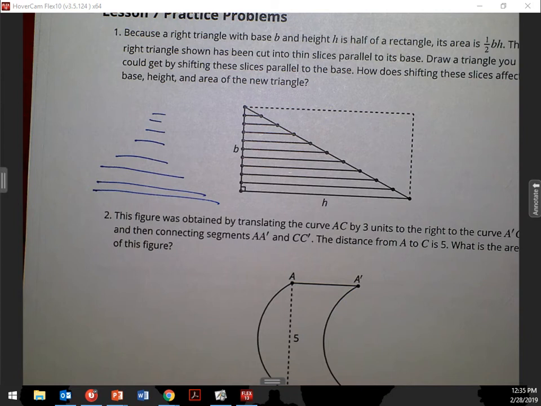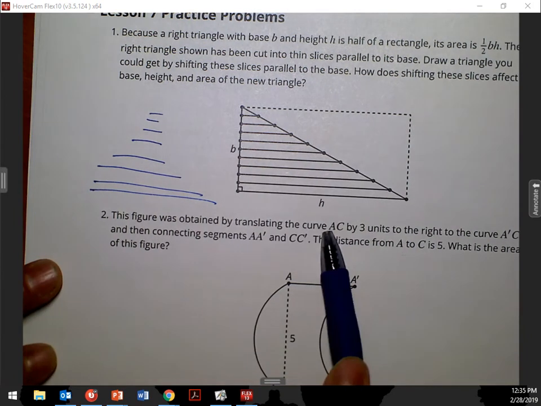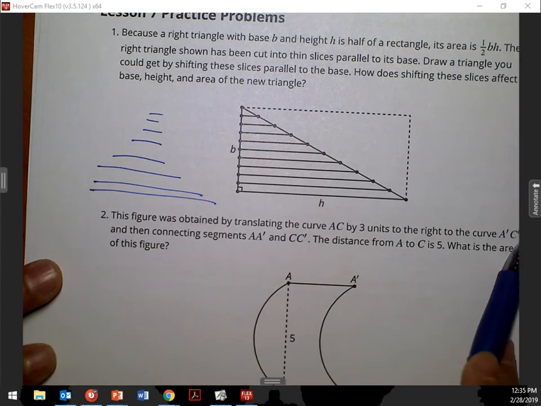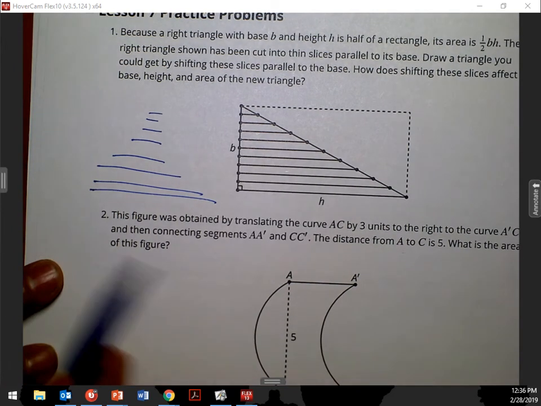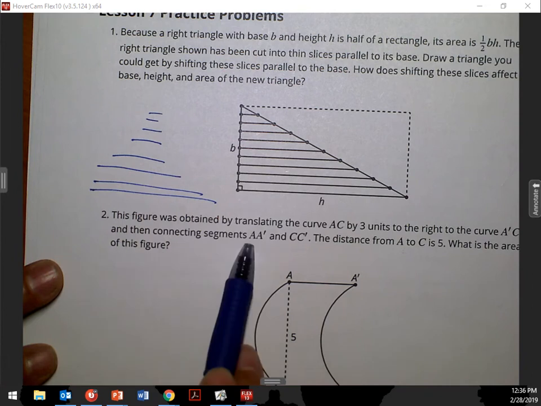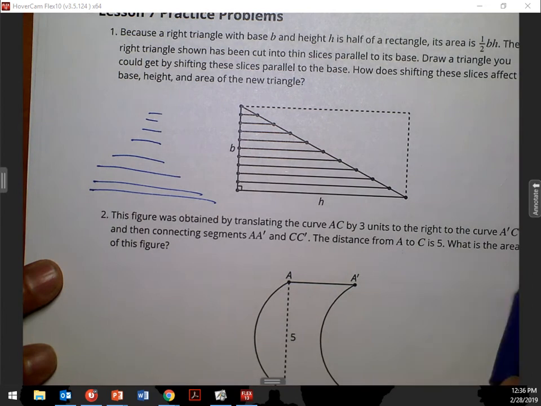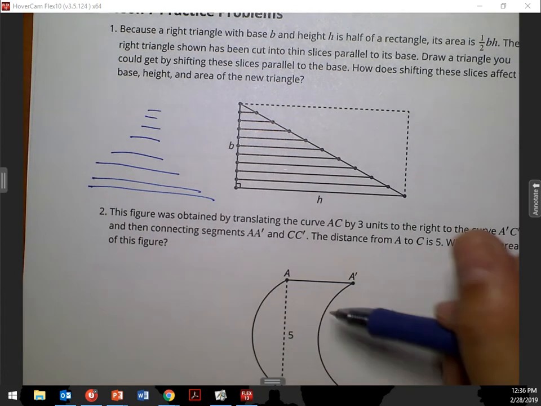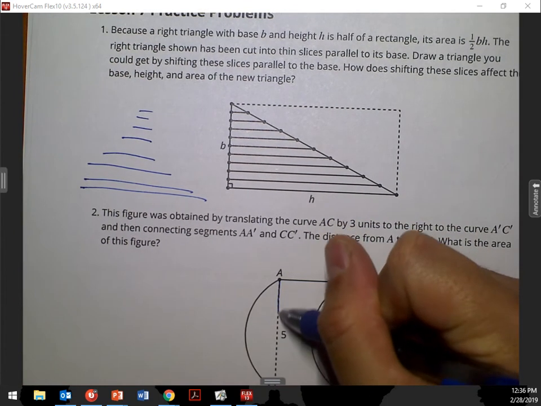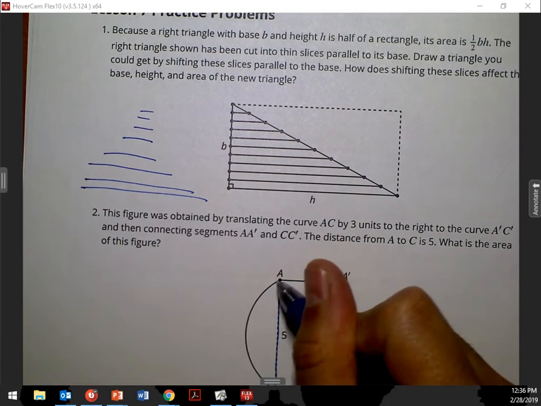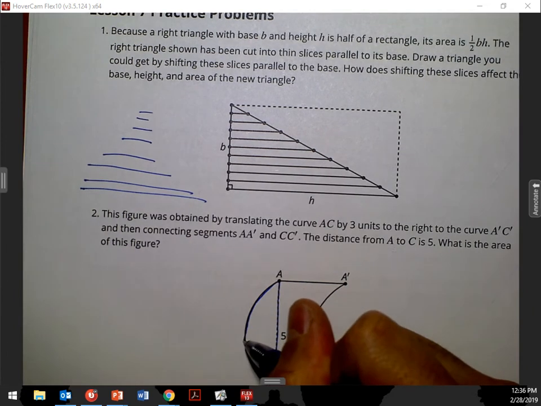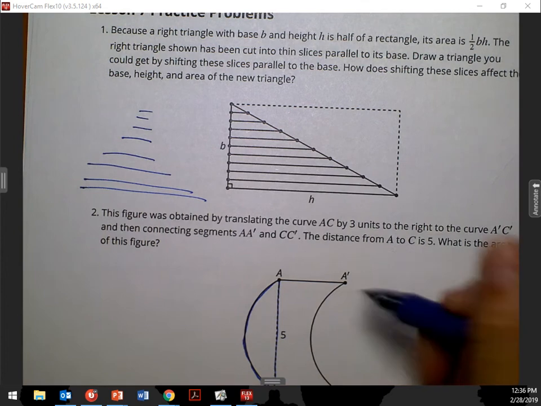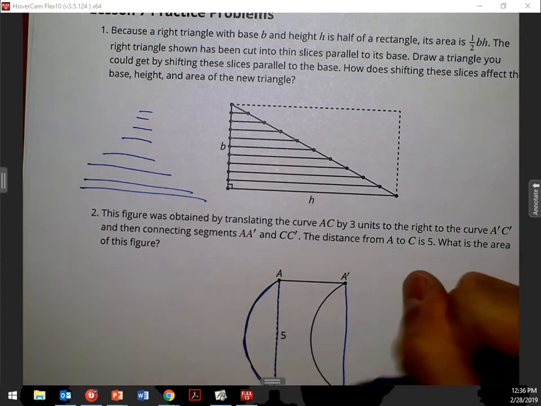This figure is obtained by translating the curve AC 3 units to the right, the curve A prime C prime to here and here. Connecting this to this is a distance of 5 units. What is the area of this figure? This is a piece that has been shifted, not dilated, sorry. So what if I take this and move it to fill in this spot right here?